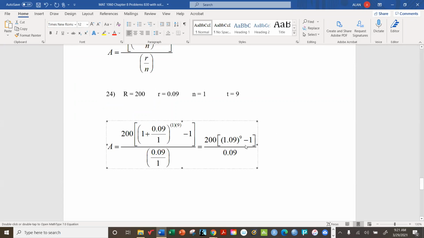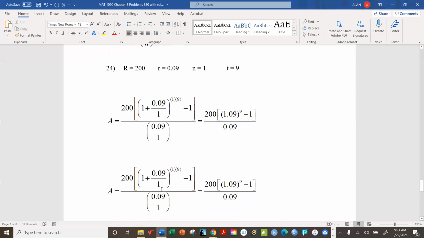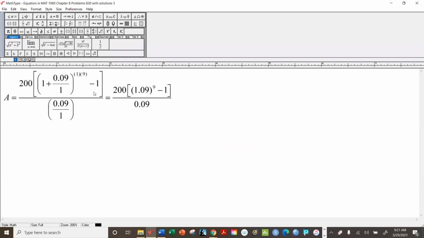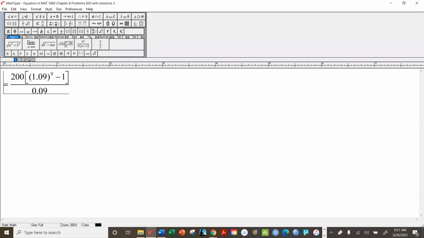So that being the case, what we can do now, okay, let's get rid of some of these steps. So 1.09 to the 9th power is equal to approximately 2.17189. I guess that should be plenty. I'll take it out one more place.